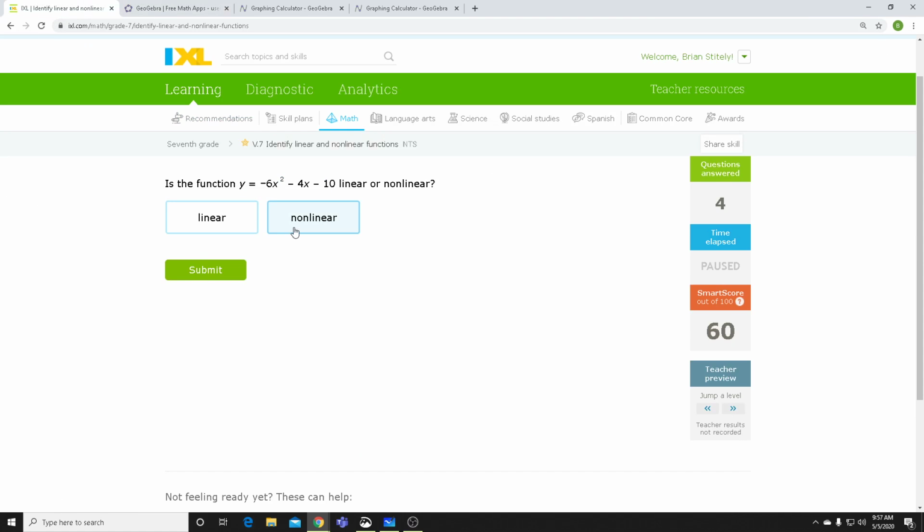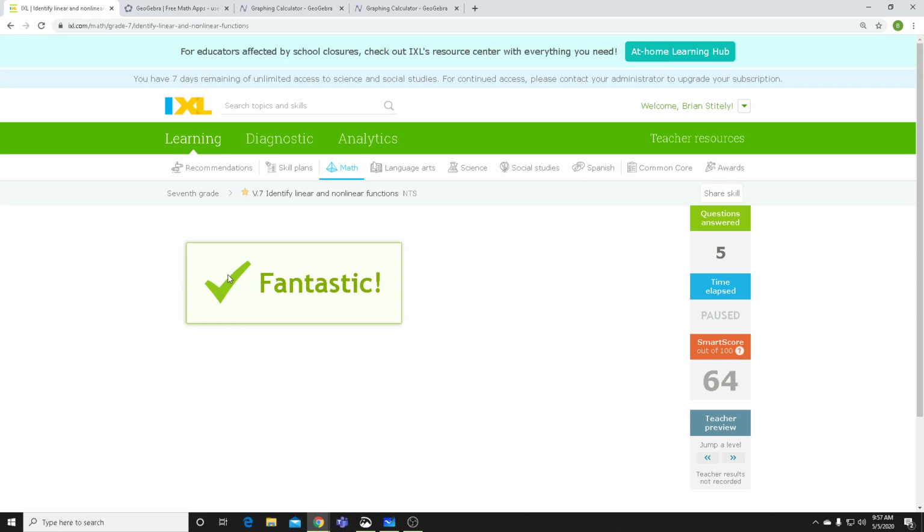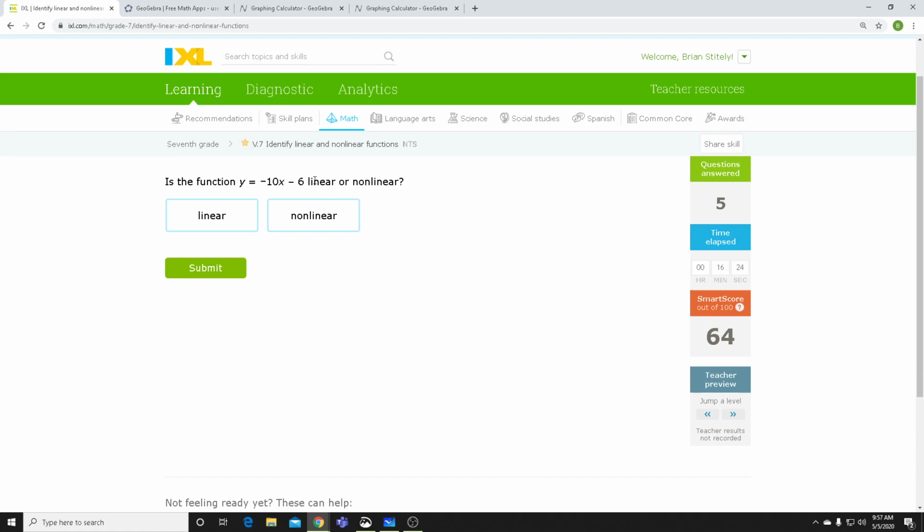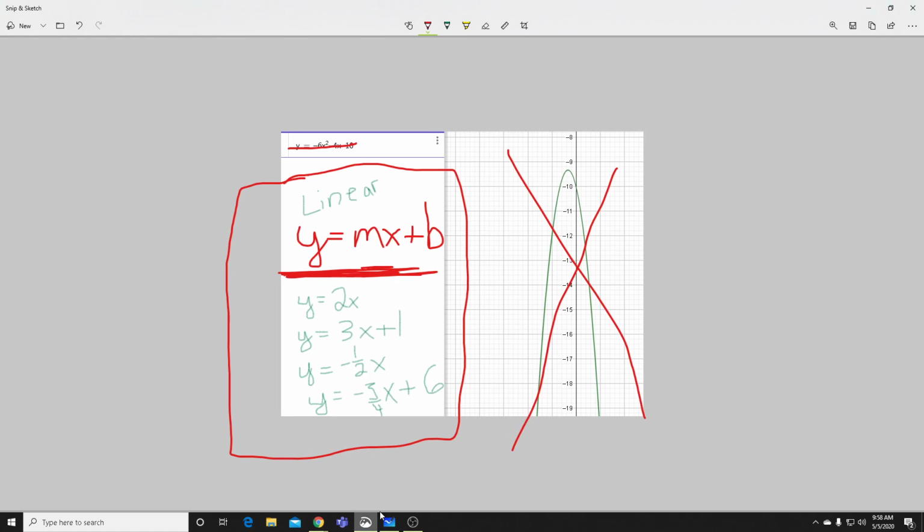Okay, let's go back to this. We have that 2 in the exponent, so this is nonlinear. And we just have a regular x, that's good. This would be our m, this would be our b. But this is what a linear equation looks like.